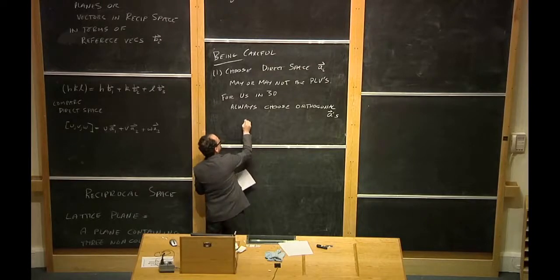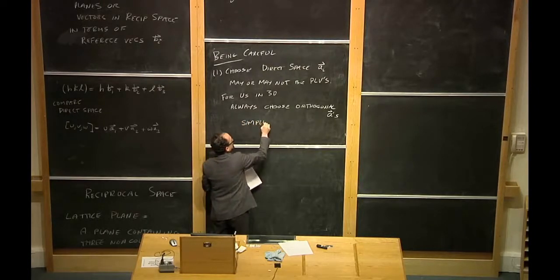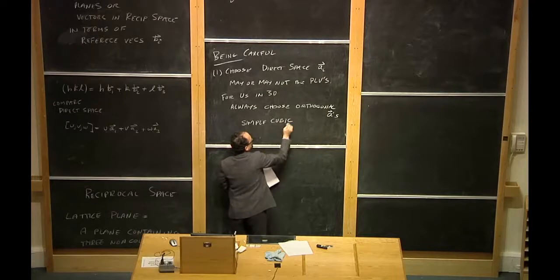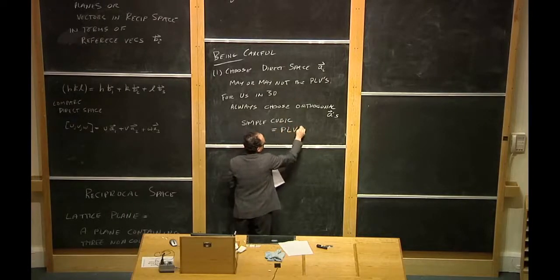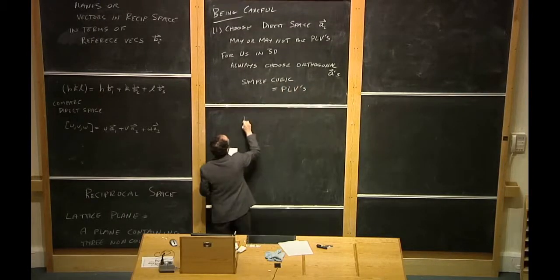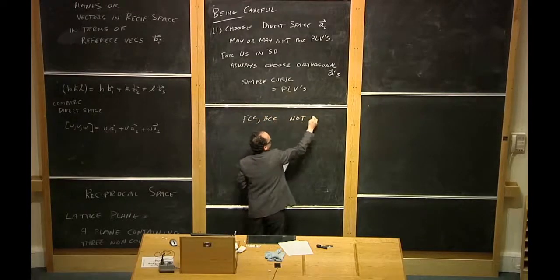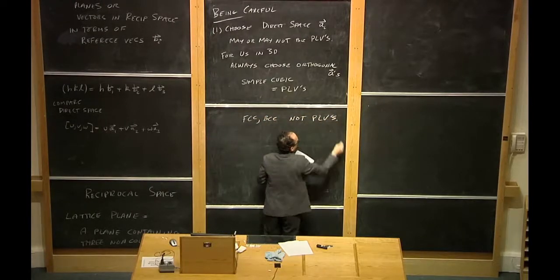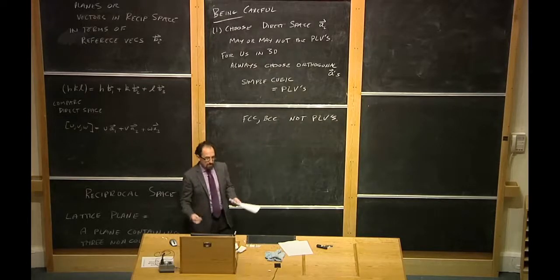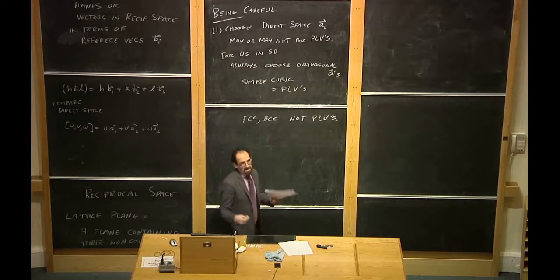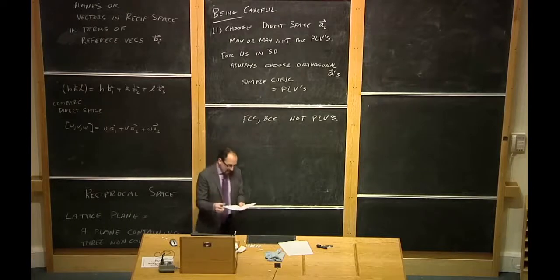That means for simple cubic, these are primitive lattice vectors, but for FCC and BCC, these are not PLVs. But they have the advantage of being orthogonal, so they make your life a lot easier, because it's easier to work with things that are orthogonal than things that are not.